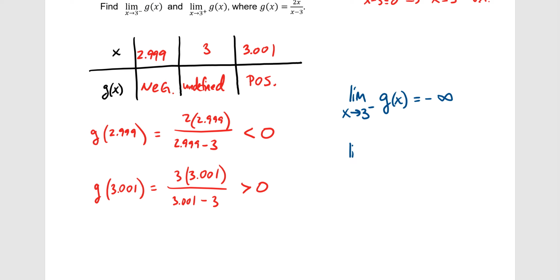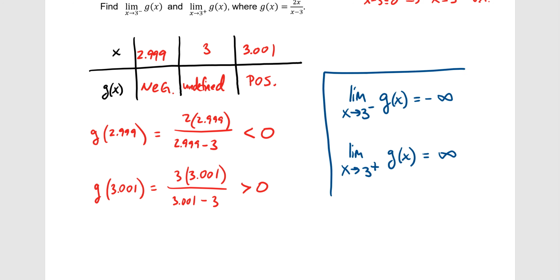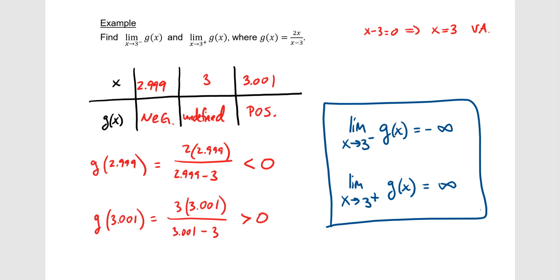And then we also know that the limit as x approaches 3 from the right is positive infinity because g of 3.001 was positive. Okay, and then like we said before, we knew it had to be negative or positive infinity because there is a vertical asymptote at x equals 3.